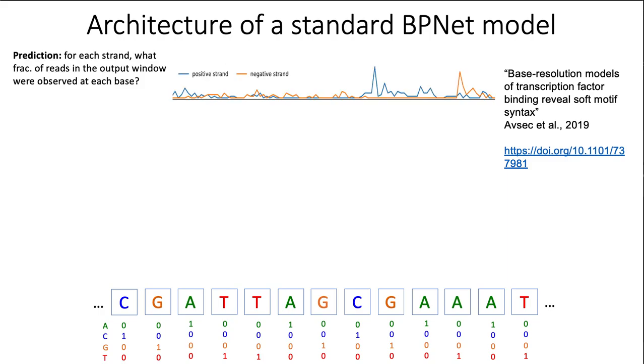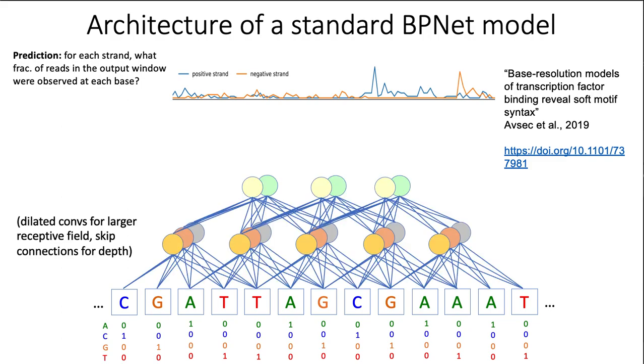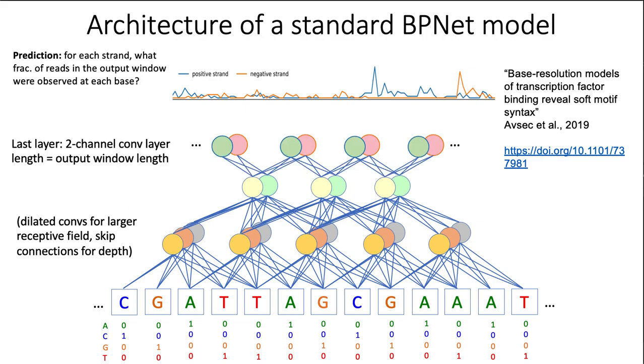Let's delve into the architecture of a standard BPNet model. The goal of these models is to predict for each strand what fraction of reads in the output window were observed at each base. BPNet architectures are still convolutional neural nets, with some subtleties such as dilated convolutions for larger receptive fields and skip connections to increase depth. The main difference in these architectures is the output layer, which is a convolutional layer that has two channels, one per strand, and a length equal to the length of the window that we want to predict the output over.